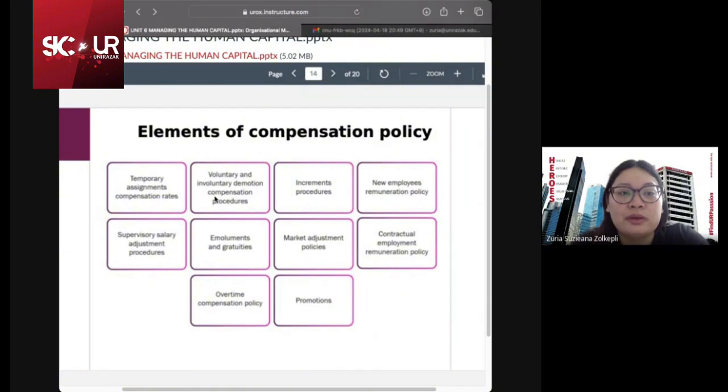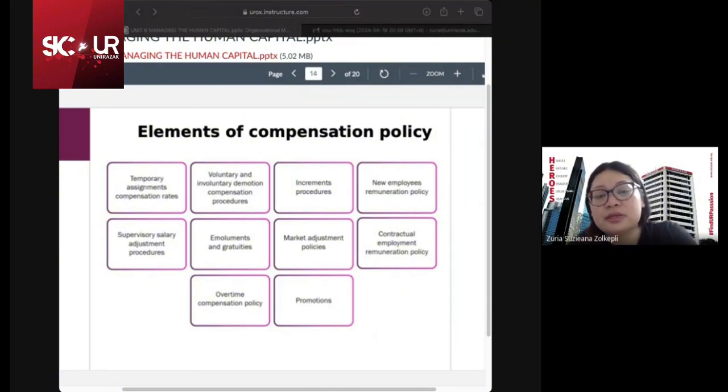Before we talk about the elements, I would like to share some of the rewards that a company can give, right? For example, motivational reward programs. We have pay per performance, or what we call merit pay.